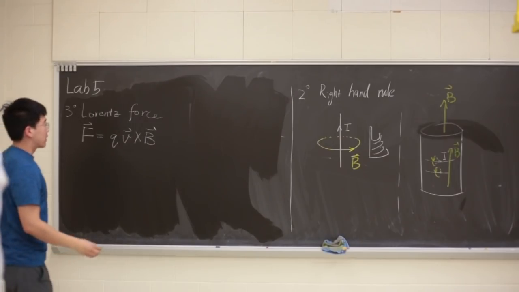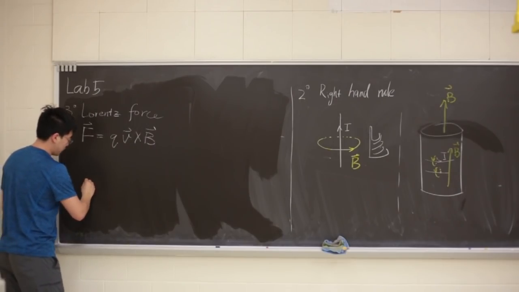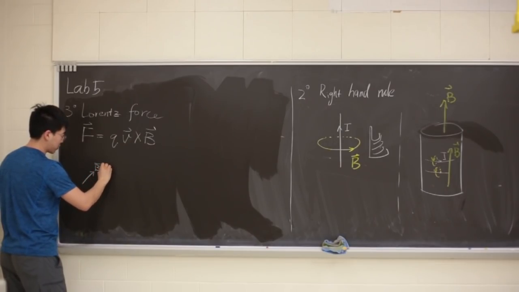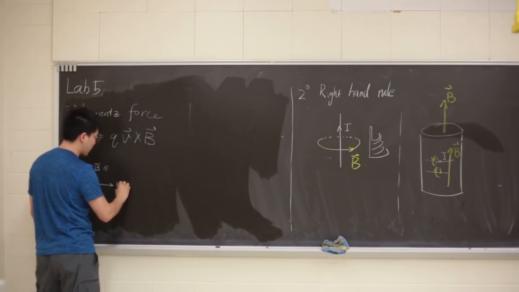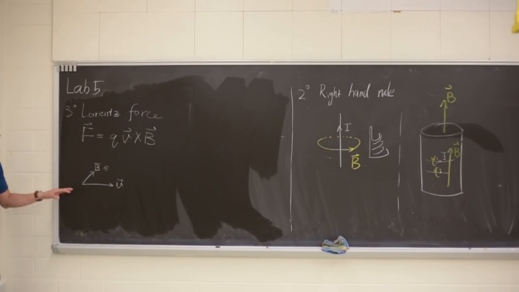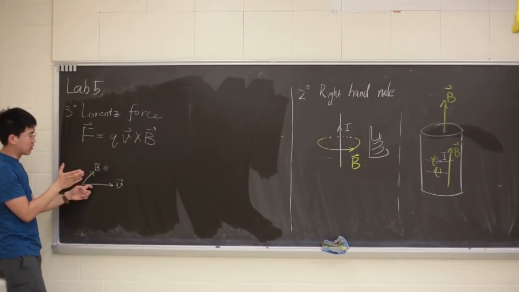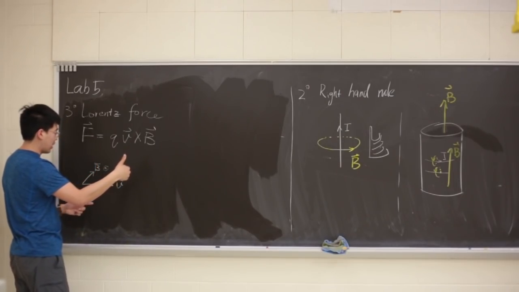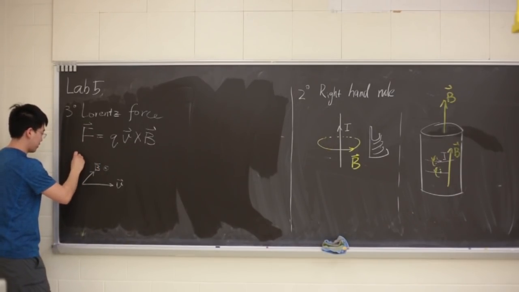So the way to see the orientation of the force: if there's a B going into the chalkboard, and the velocity of a positively charged particle going to the right, you can wrap your finger first across the first vector V, and then across the second vector B. And then the result is the direction of the force.